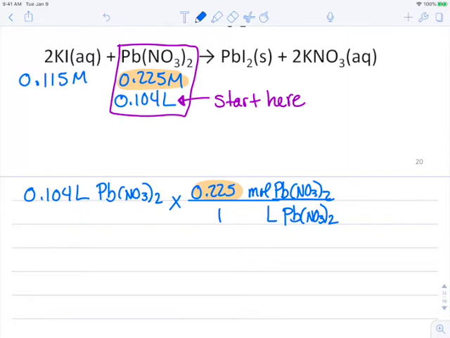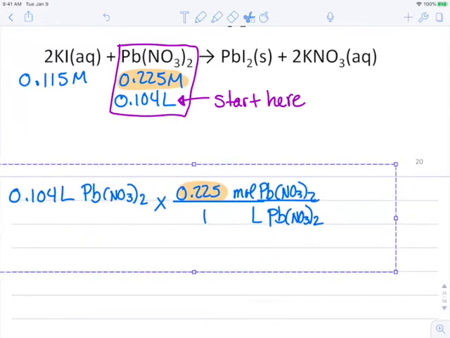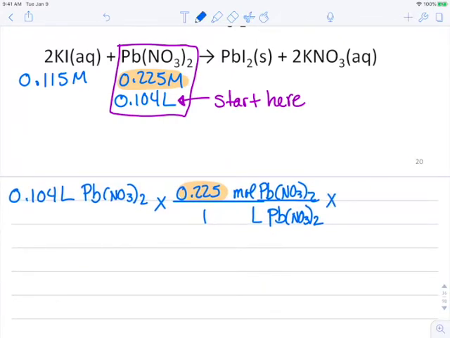All right, so we have taken liters of lead nitrate and we have turned it into moles. But what we're trying to do is find the liters of KI. So anytime you convert between one chemical and another, we need what? Yes, a ratio, the mole ratio from the balanced equation. All right, so on the bottom, I will have my moles of Pb(NO3)2.